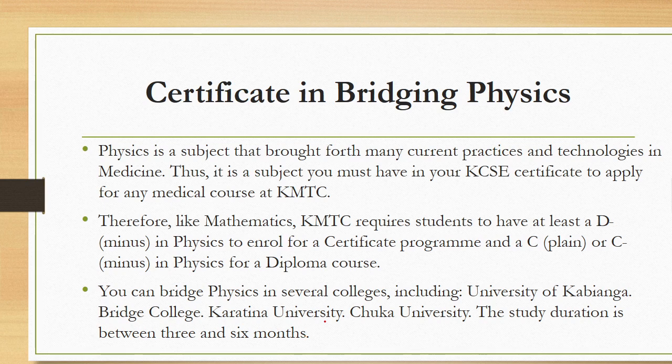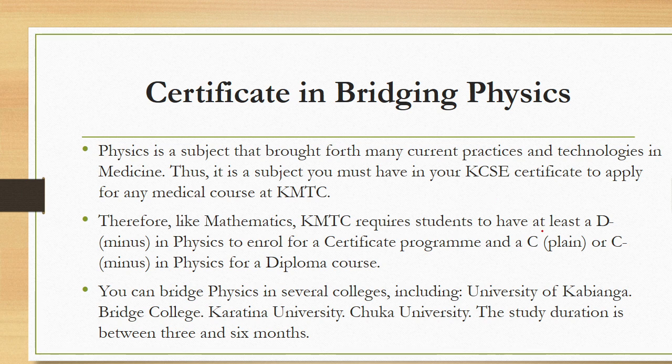Another crucial course that you need to bridge is physics, right? So physics is a subject that has a lot of attention in medicine or medical field. So you need to actually bridge in it, just like maths.